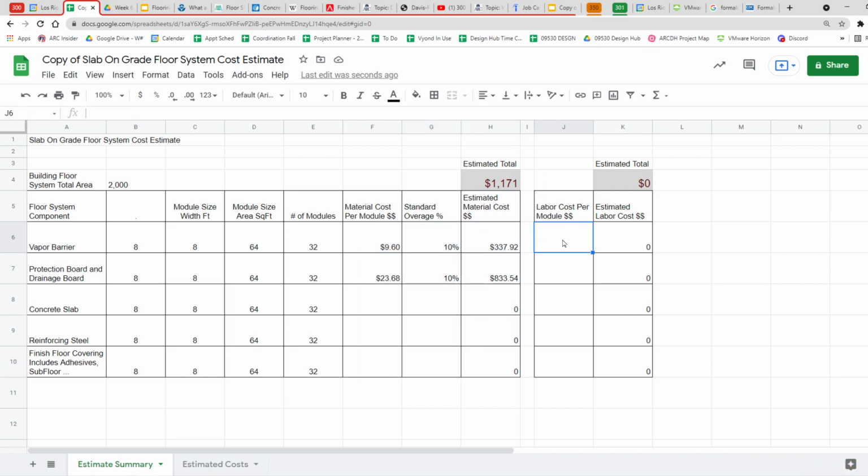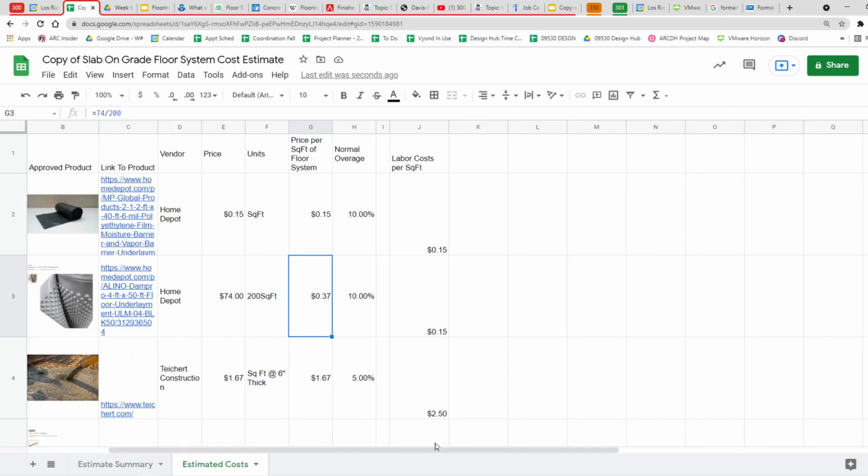Now let's look at labor. Labor cost per module. Somebody's figured that out per square foot. It's about 15 cents per square foot to lay this down. Somebody's just given us that. And if you work for a construction company, you've got that all figured out. How much does it cost to lay down this?